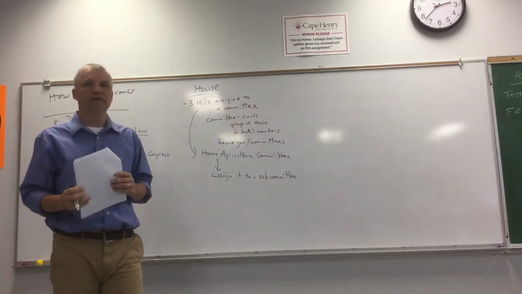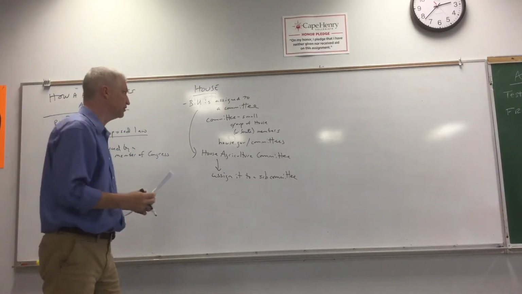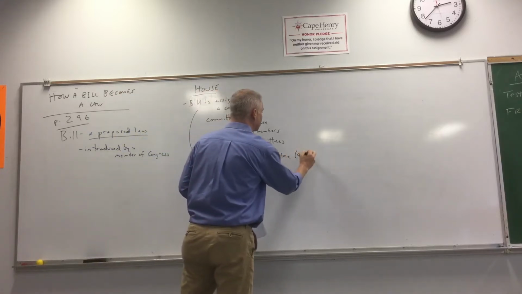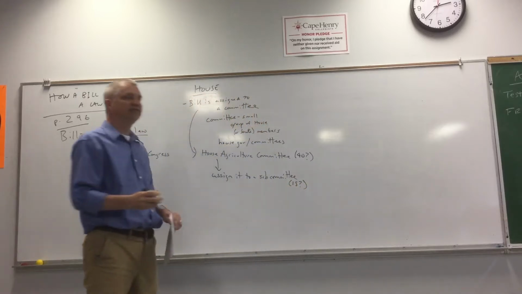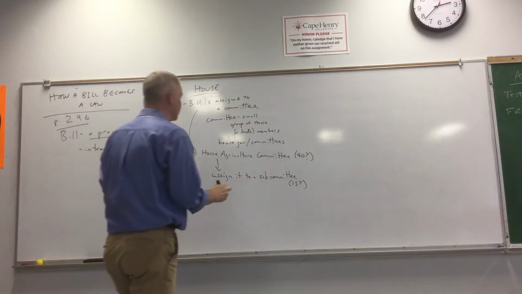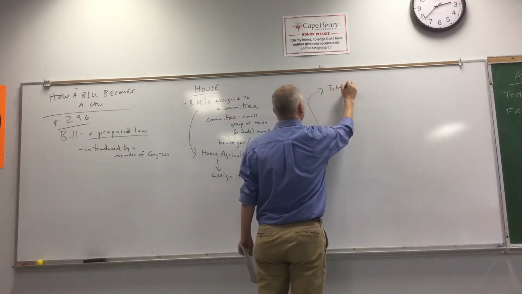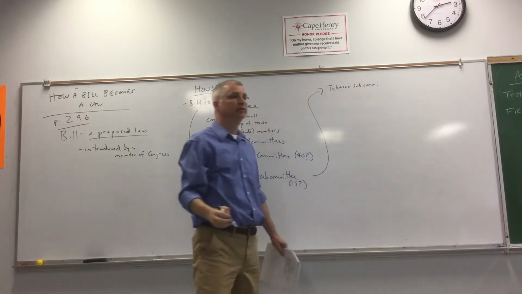The Agriculture Committee is going to have 4 or 5 different subcommittees, which is an even smaller group of House members. Let's just guess and say 15, and let's say that there's a tobacco subcommittee. So that bill is going to end up at the tobacco subcommittee of those 15 people.